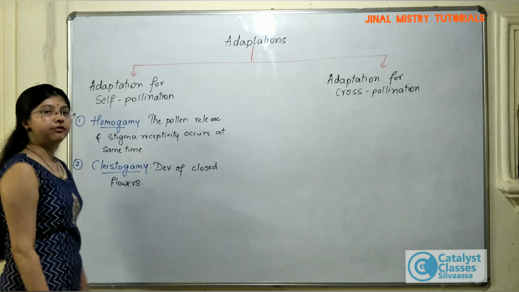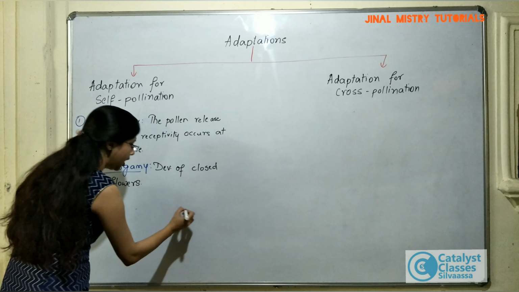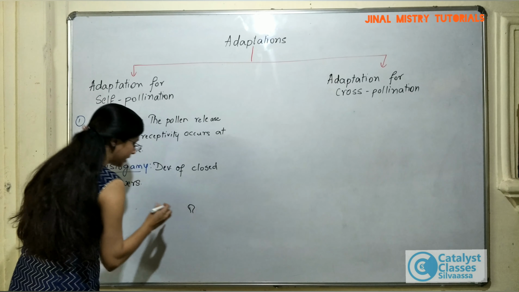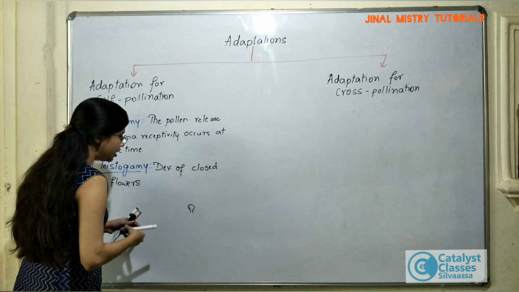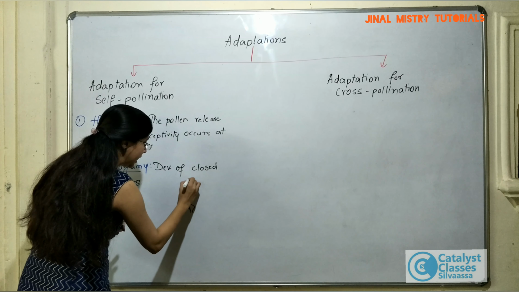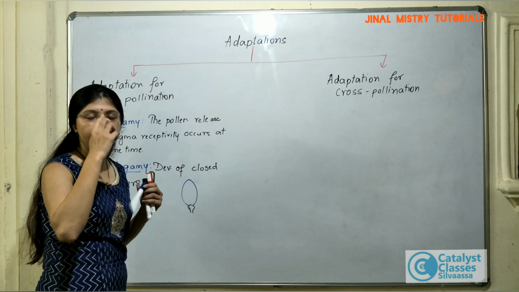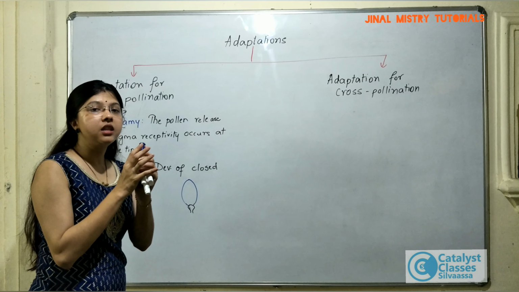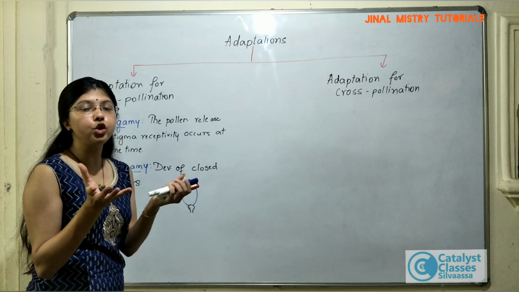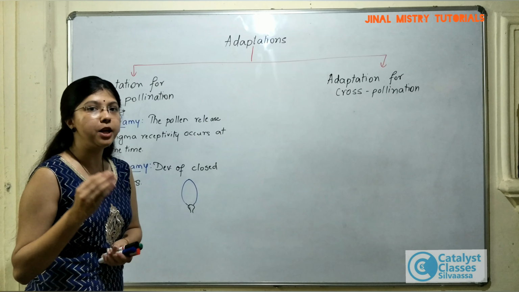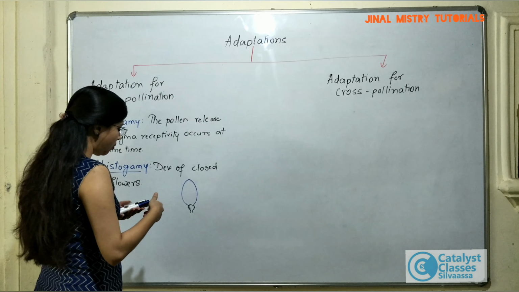Basically the flower remains in a bud condition. The flower is going to remain in this closed condition. It is never going to undergo the process of anthesis. That means the flower will not bloom. It is not going to open, as a result of which the stigma and the pollen grains will not be exposed to the atmosphere.